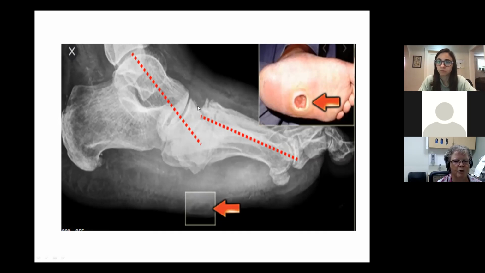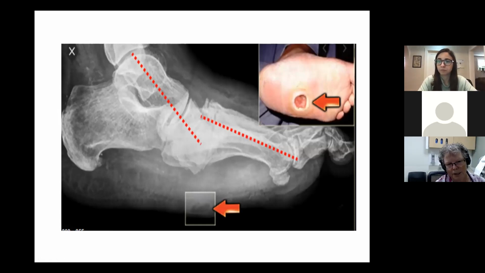The first cuneiform is overriding the dorsal aspect of the navicular. Part of the navicular and the cuboid are trying to extrude out the bottom of the foot. The X-ray even shows some lucency in the soft tissue, which correlates quite well with the bones that are trying to extrude out the bottom of the foot and have ulcerated the skin. So you don't have to be a radiologist to appreciate that this is an abnormal film.